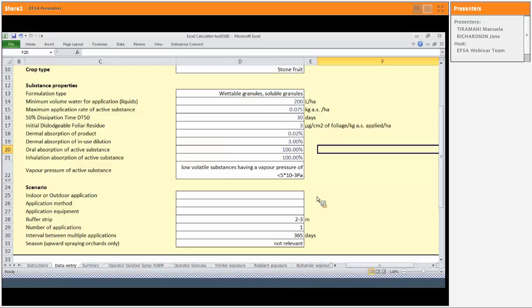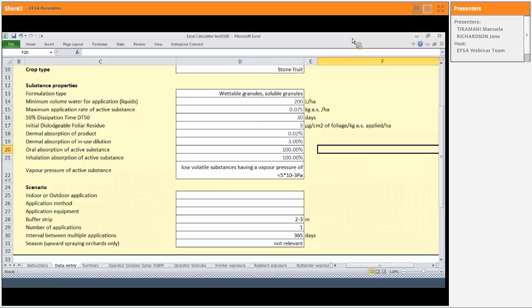However, if the oral absorption of the active substance, which will be used for hand-to-mouth and other aspects of the calculation, so not directly relevant today, is less than 80%, it could be shown in the list of endpoints in the final assessment of the substance.